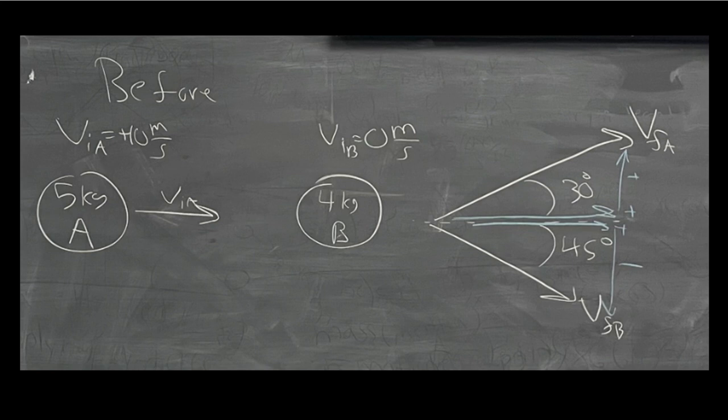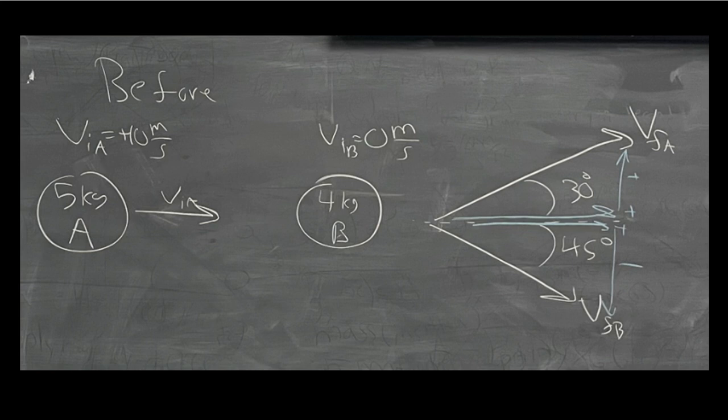And then there is an object B of 4 kilograms that is initially at rest with a velocity of 0 meters per second. After they collide, mass A goes 30 degrees above the x-axis in the right and upward direction, and mass B goes 45 degrees below that axis to the right and down.